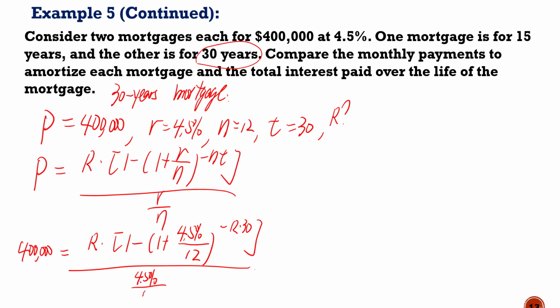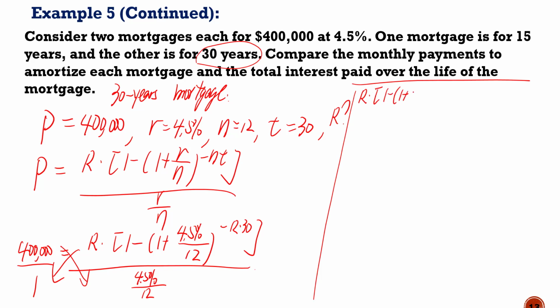4.5% over 12, cross multiplying, we get the regular payment times the bracket, 1 minus 1 plus 4.5% over 12 raised to negative 360 power. So we are making 360 payments. On the right is 400,000 multiplied by 4.5%.